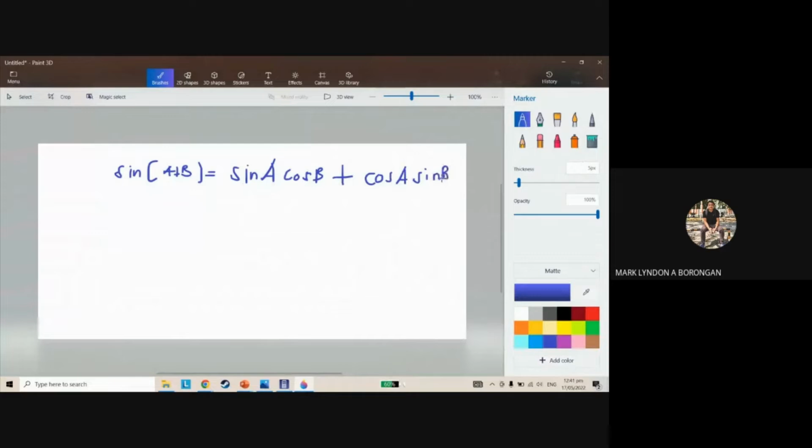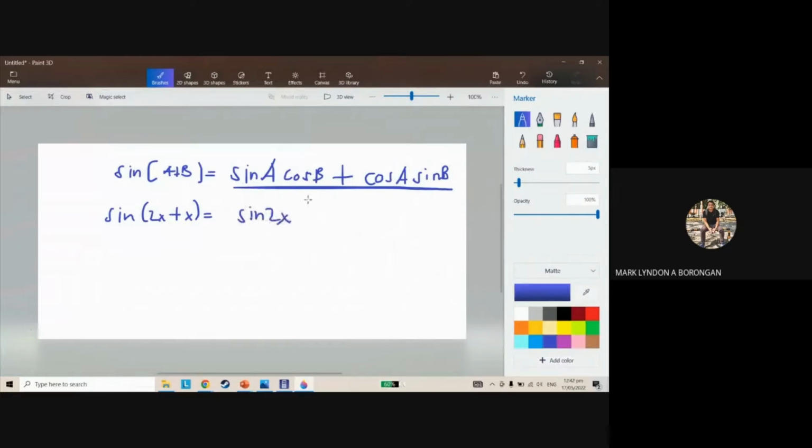So if naatay sine of 2x plus x di ari, so dara no. Natay sine of 2x plus x. So unsaon man nato na siya? All you have to do is to simply copy this one by just replacing 2x sa A o x sa B. Okay? So itong sine A will become sine of 2x, I mean.